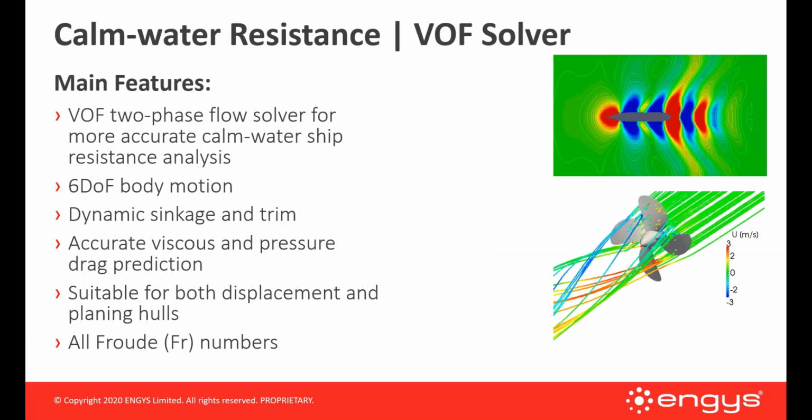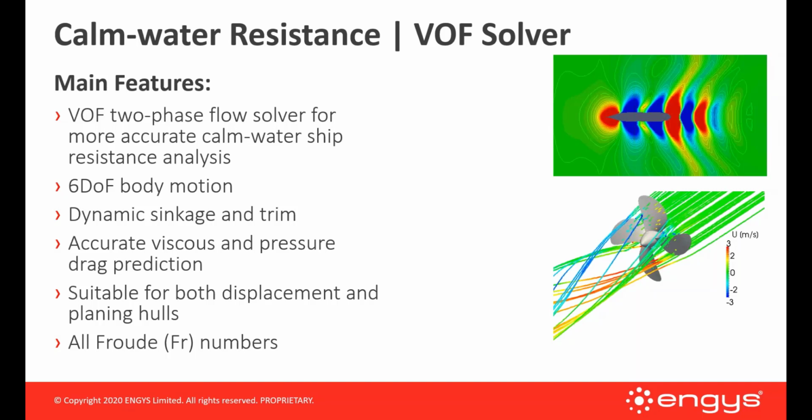In case you are more interested in the accuracy of the results rather than exploring the design space, like I mentioned before, you have to go for the VOF solver, which is a two-phase flow solver that accounts for both the air side and the water side, and is very accurate for calm water resistance.